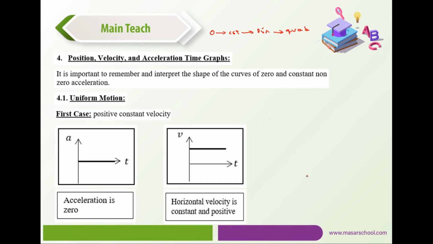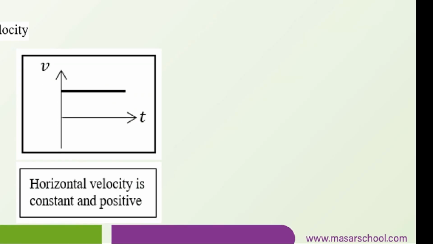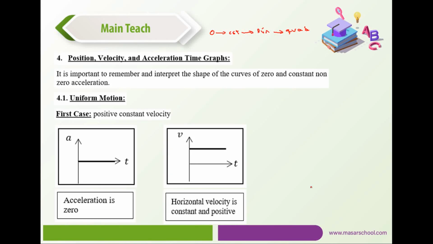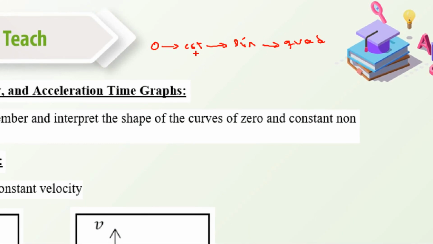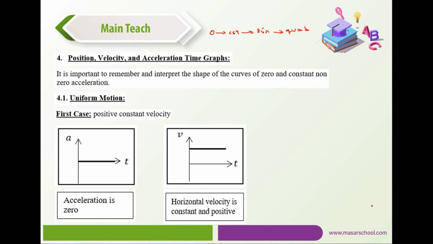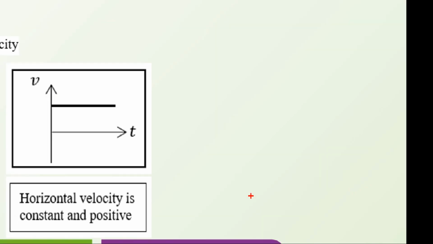Now what about the position? Okay, we can use the following sequence. If it's constant, then the one that follows it would be linear. Then the shape of the xt graph would be linear, and this is anticipated. Why?